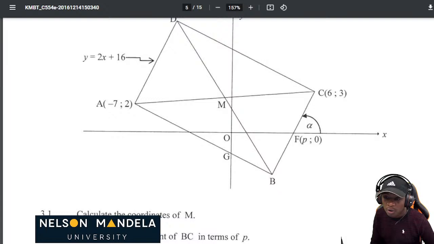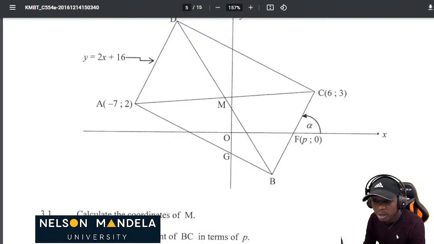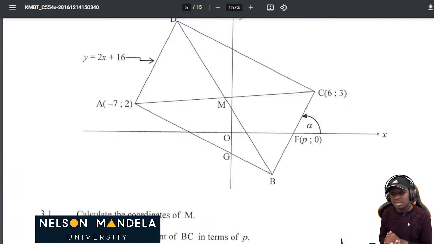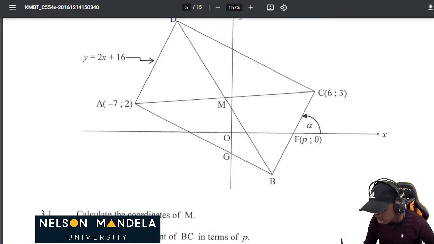So we know for sure that 3.2, the gradient of line BC is equal to y2 minus y1 over x2 minus x1. Oh, okay, they said write down the gradient in terms of P. Now let's go and write it.